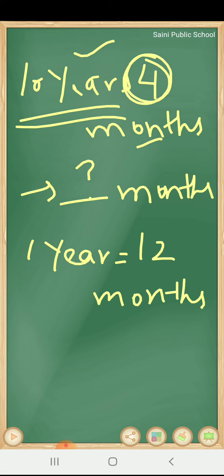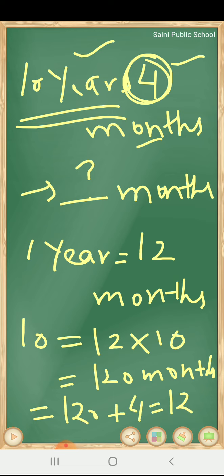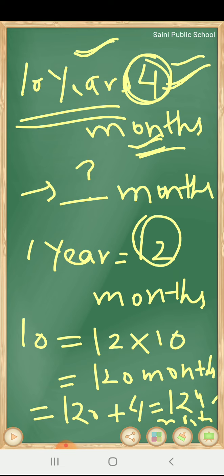So in 10 years, there are 12 into 10, 120 months. But 4 months are already given to us. So 120 plus 4, 124 months. So in 10 years 4 months, there are 124 months. So for converting years and months into months, we will multiply the number by 12 and then add the given months to that number.